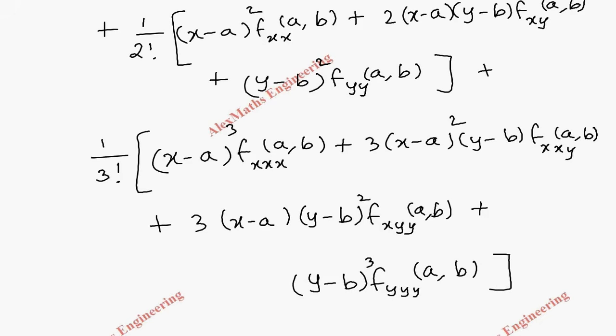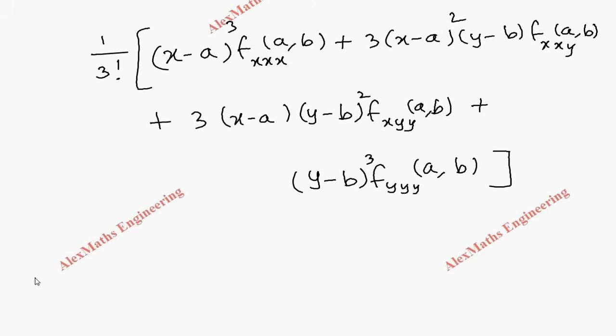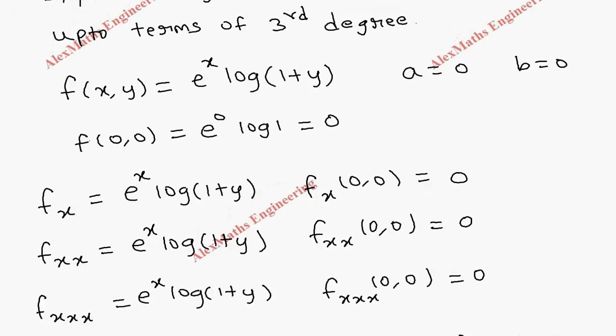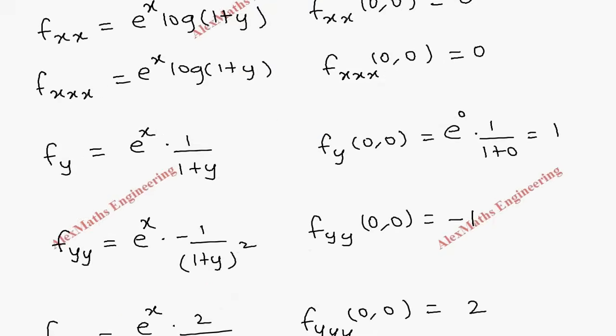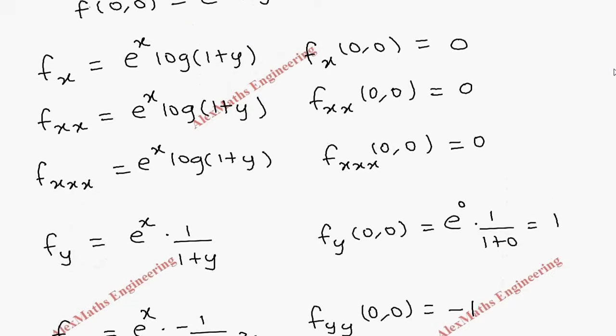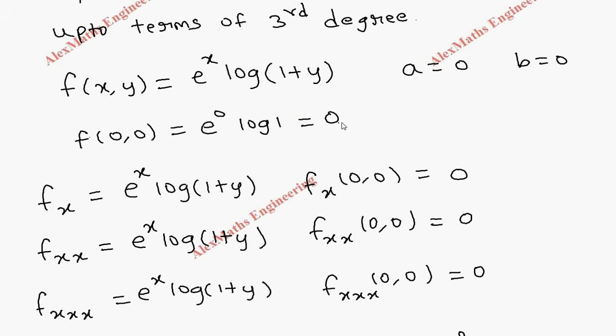Now we have to substitute all the values. So in the question it is given e power x into log 1 plus y as f of x comma y. So on the left hand side, for f of x comma y we have to substitute the function e power x into log 1 plus y. Then the first term f of a comma b, which is here 0.